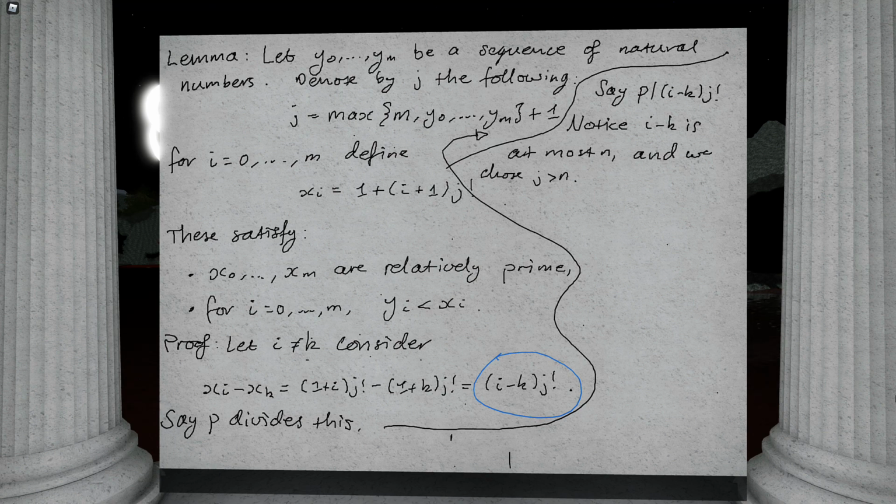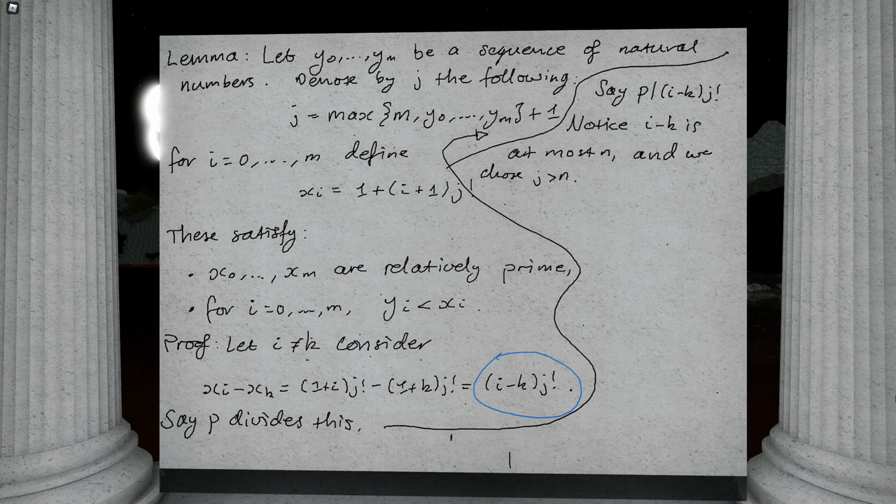So if p divides i minus k, then p must also divide j factorial, because j is greater than n, so p divides a number that is less than j, and j factorial is the multiplication of all numbers less than or equal to j.